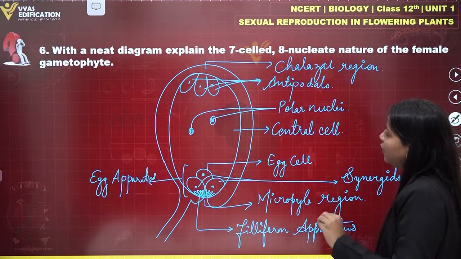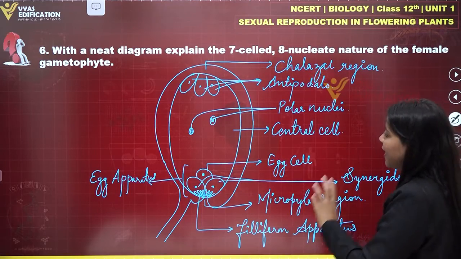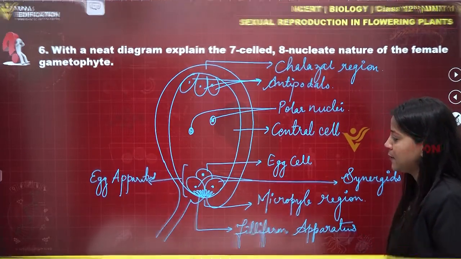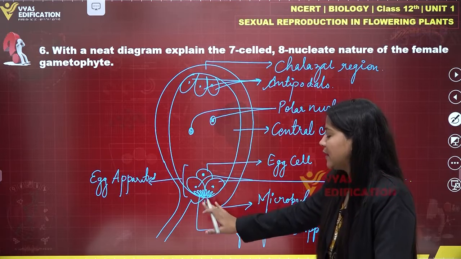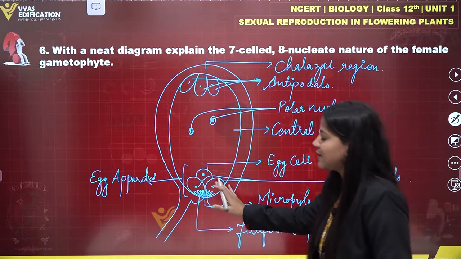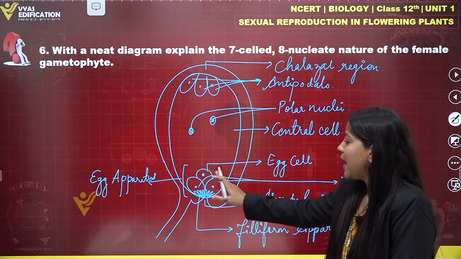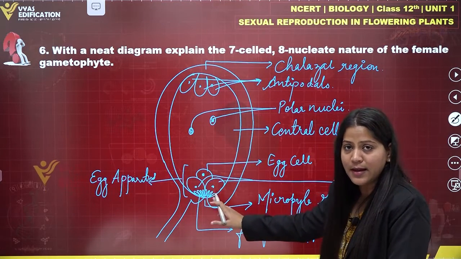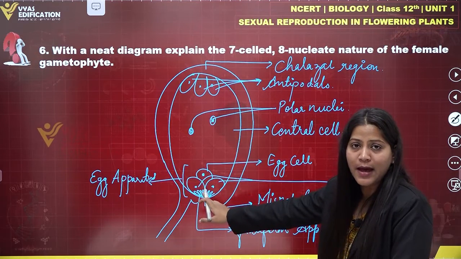Now let's talk about the description or explanation of all these parts. First, the egg apparatus present at the micropylar region of an embryo sac consists of three cells, two synergid cells and one egg cell.